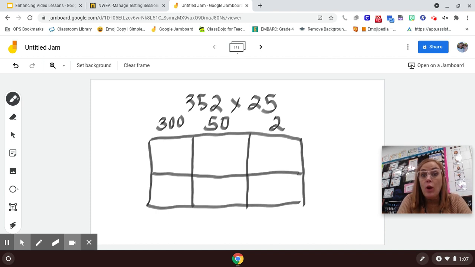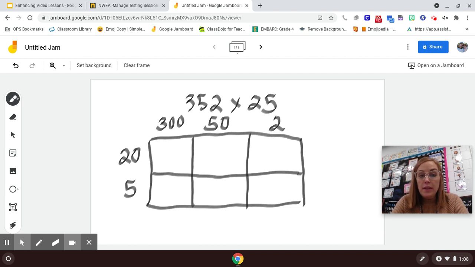Good. Now, what am I going to do on the other side? Well, hopefully you said, Miss Johnson, I have 2 tens, which is 20, and I have 5 ones. I know that 2 tens plus 5 ones equals 25. So now I have my area model set up, and hopefully yours looks just like mine. If it doesn't, just go ahead and take a second to make some corrections.